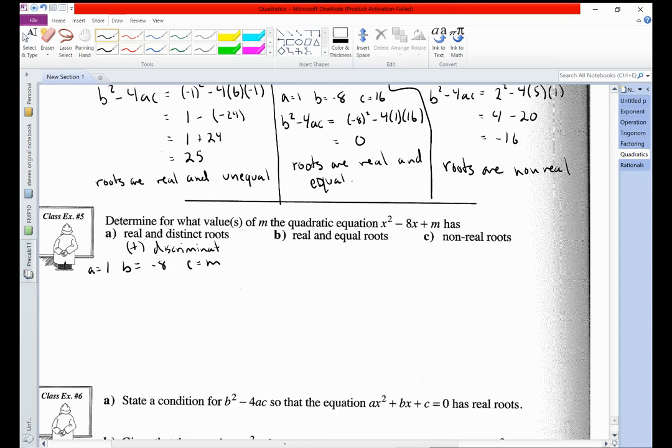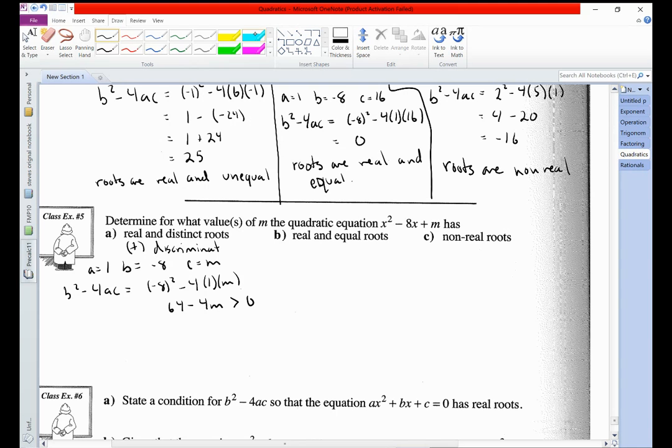So we can plug that in. It's going to be b squared minus 4ac. So it'll be -8 squared minus 4 times 1 times m. So our discriminant becomes 64 minus 4m. And we want it to be greater than 0. And then we can solve for m.